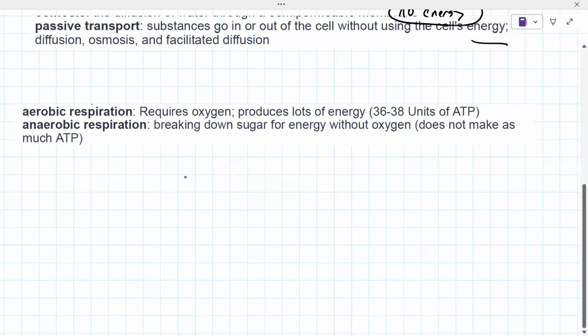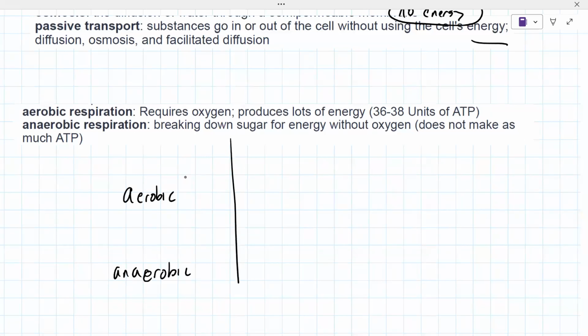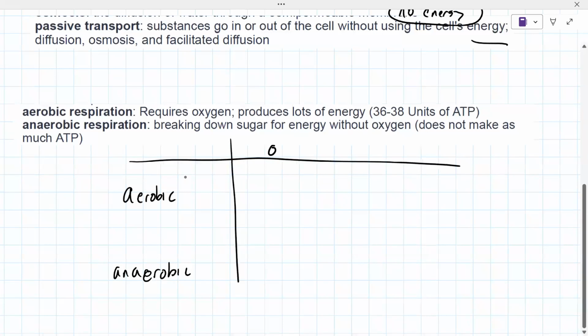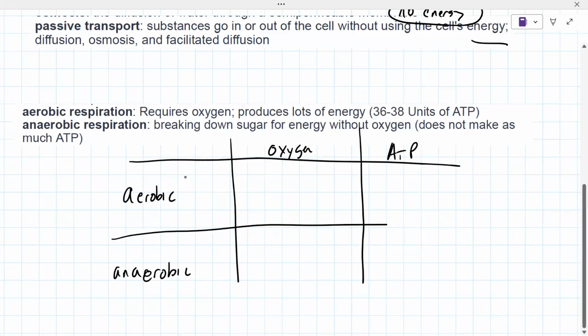So the way you could study this is you could write aerobic and anaerobic, and you could have one for oxygen and ATP. Which one requires oxygen? Aerobic requires oxygen. Which one makes more ATP?